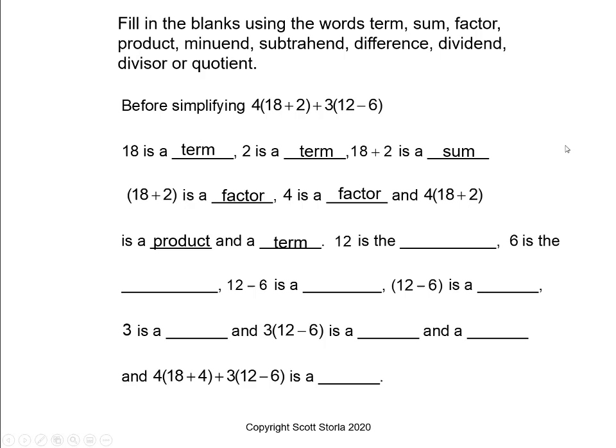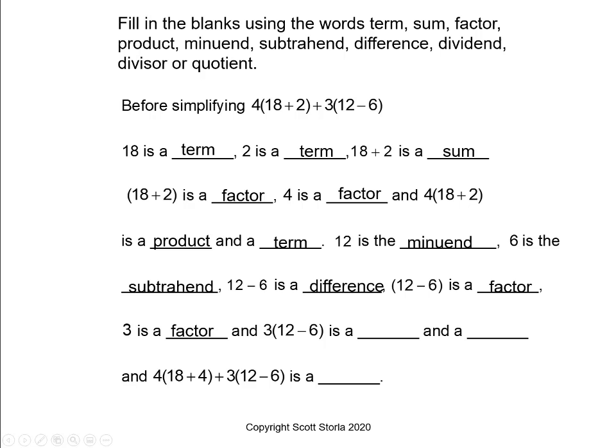In the second set of parentheses, the 12 is the minuend and the 6 the subtrahend, because 12 minus 6 is a difference. If we put parentheses around that difference, we get a factor. 3 is a second factor.